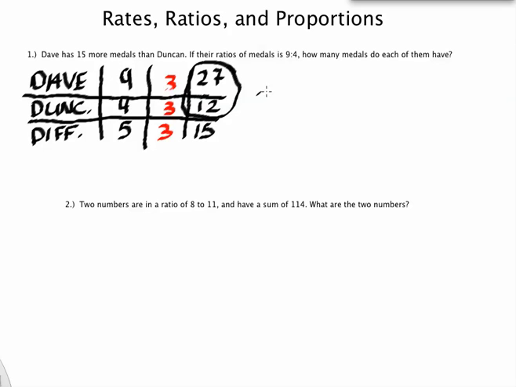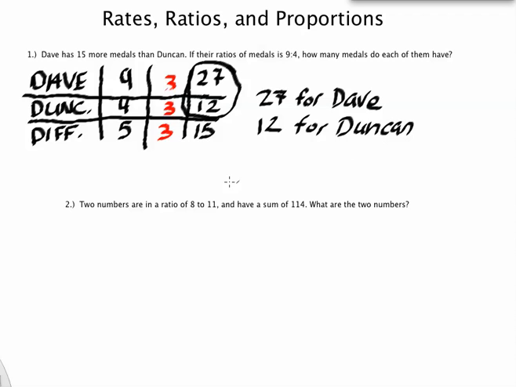I would prefer it if you wrote 27 for Dave and 12 for Duncan. So let me just finish writing this out. And there you have it. That's how you solve that one with the chart.